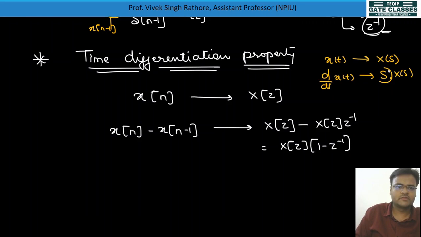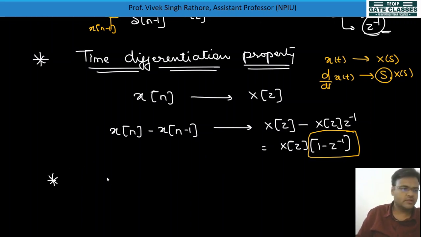So here also something is multiplied by x of z, and ultimately you can compare these two. I'll show you in the time integration property also.